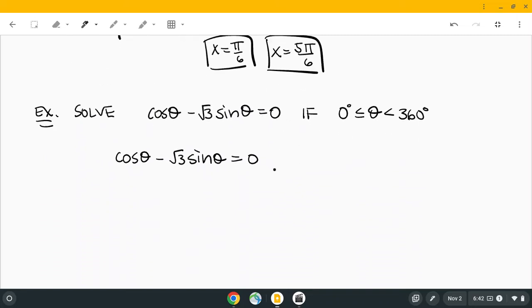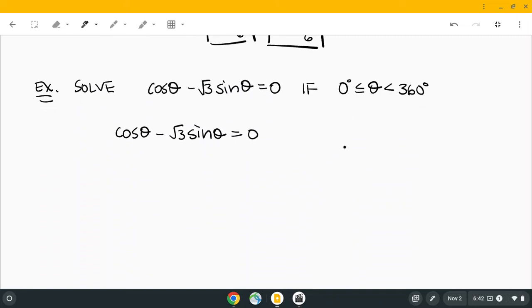Okay, so let's maybe try that. Okay, I'm going to get one term on this side and one term on the other side. So I'm going to go ahead and add square root 3 sine theta on both sides.